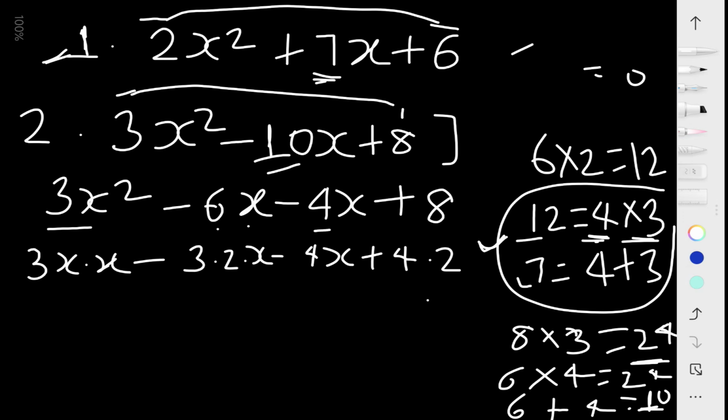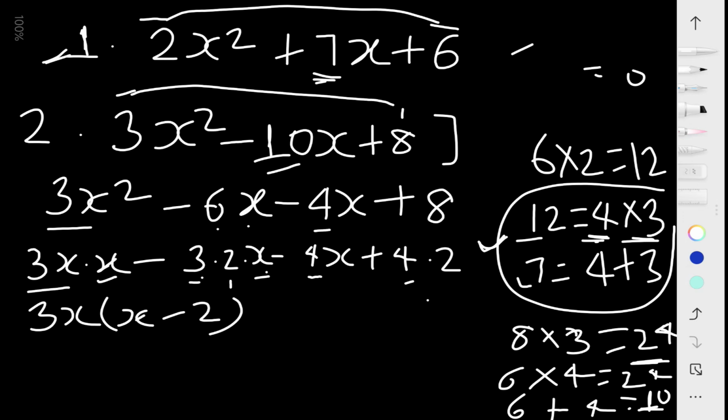The dot means a multiplication symbol. So 3x and 3x are common, 4 and 4 are common. So 3x, remaining x minus 2.